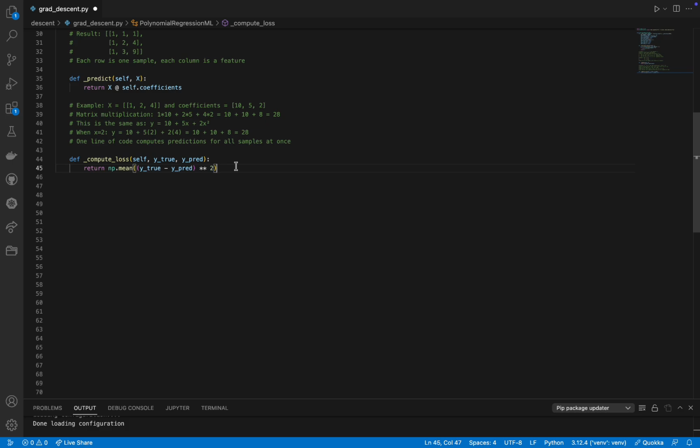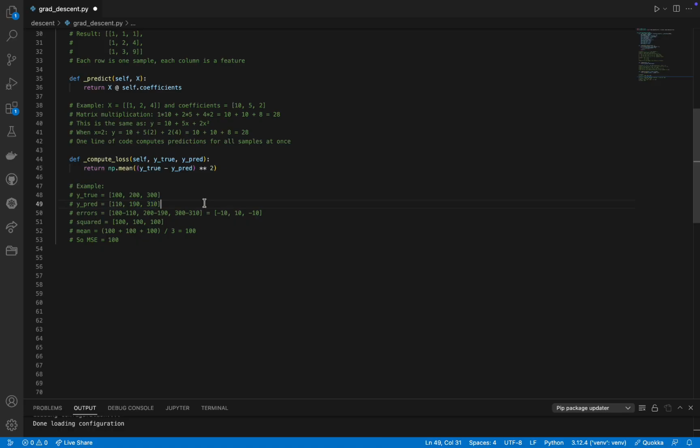Let me walk through an example with real numbers. Say our true values are 100, 200, 300, and our predictions are 110, 190, 310.